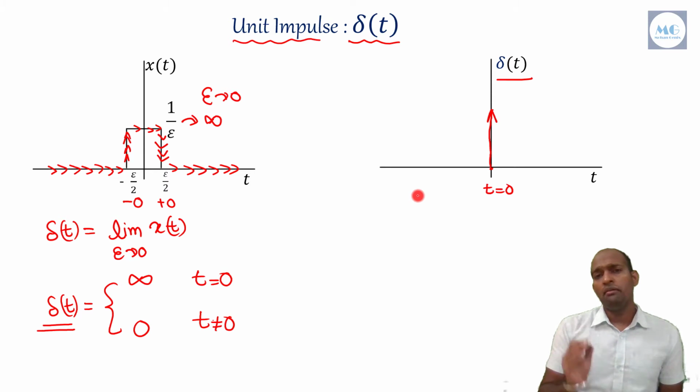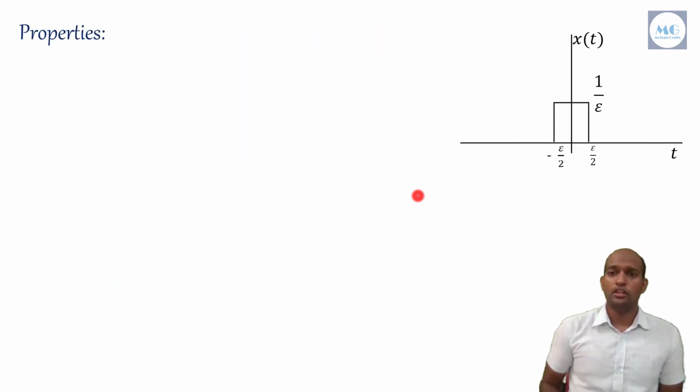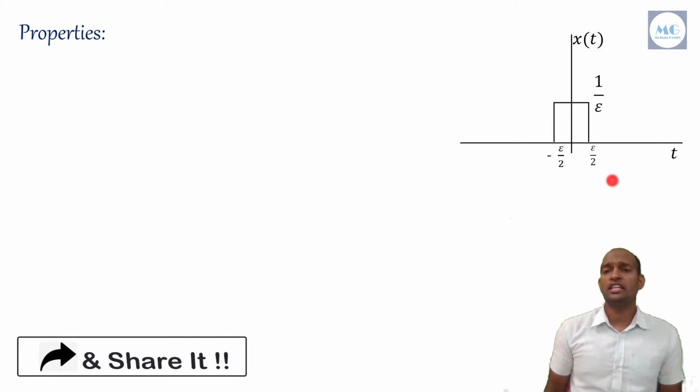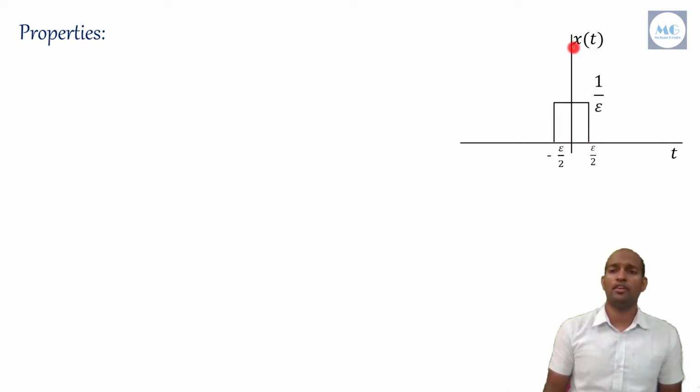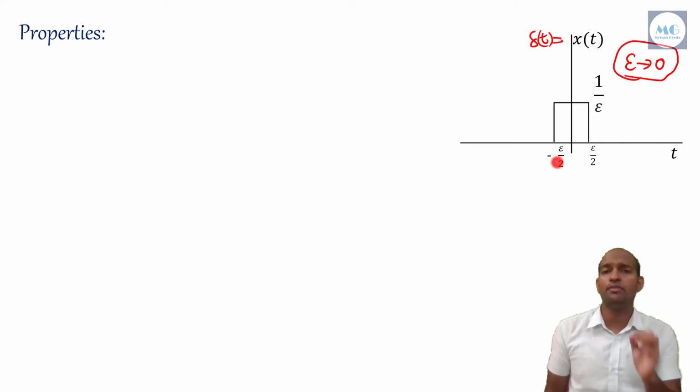Now we will discuss some of the properties of this delta t. If I ask you about this signal, where epsilon tends to 0, then this signal is delta t. Whether this signal will be even or odd, you tell me.